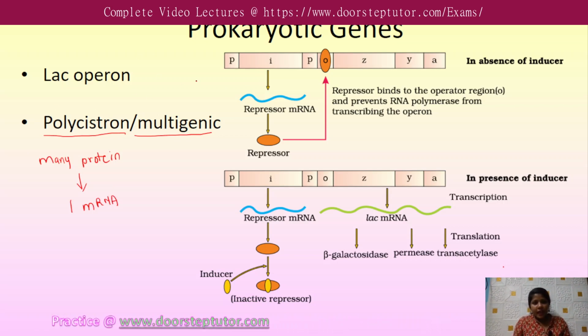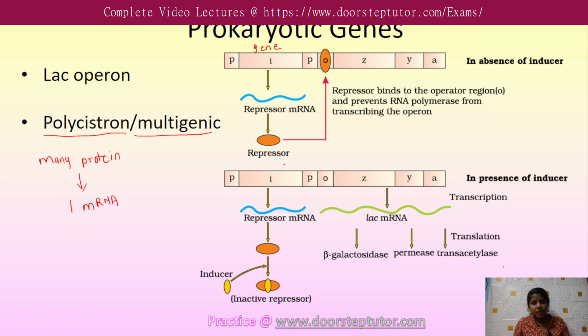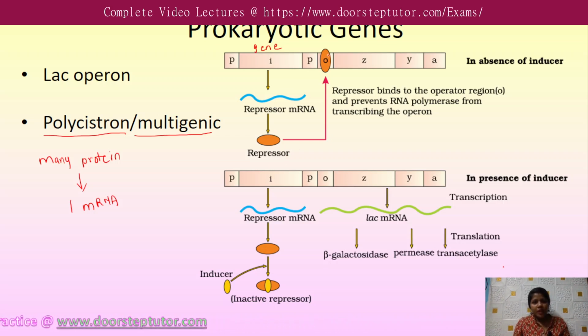After that, we will see Lac Operon. First is the I. Gene I is nothing but the repressor protein. So, gene I is transcribed to make repressor mRNA, then it is translated to make repressor protein. This repressor goes and binds to the operator region.